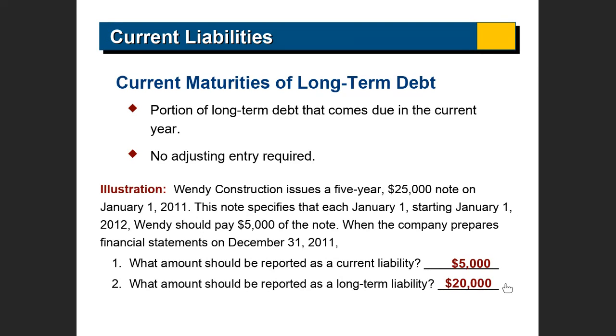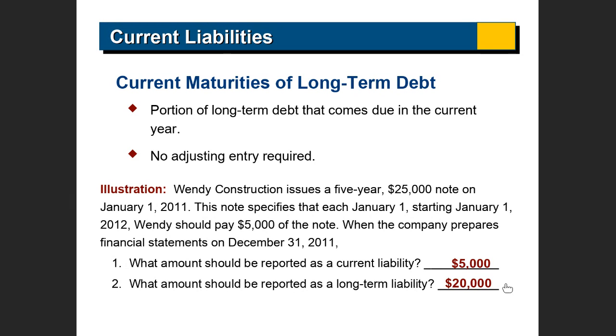So, to make things simple, whatever the principal amount is that you're going to pay back within 12 months of the balance sheet date should be reported in the current liability. Everything else is long-term liability, right? 12 months from the balance sheet date.